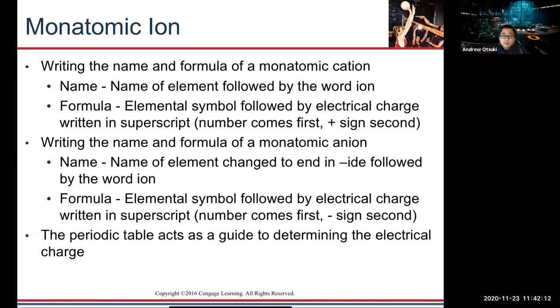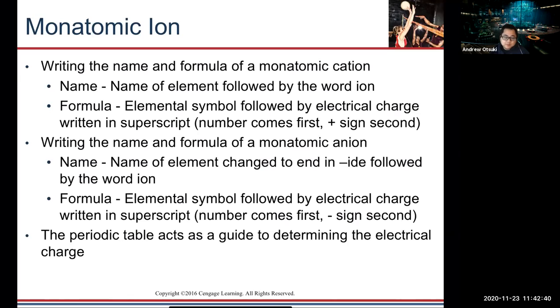We put the element symbol, the letters, then put the number first, then the negative or positive charge. That's the convention I want you to use. Of course, you can put the charge first or the number. I don't have a preference, but traditionally the convention is number first, then charge.